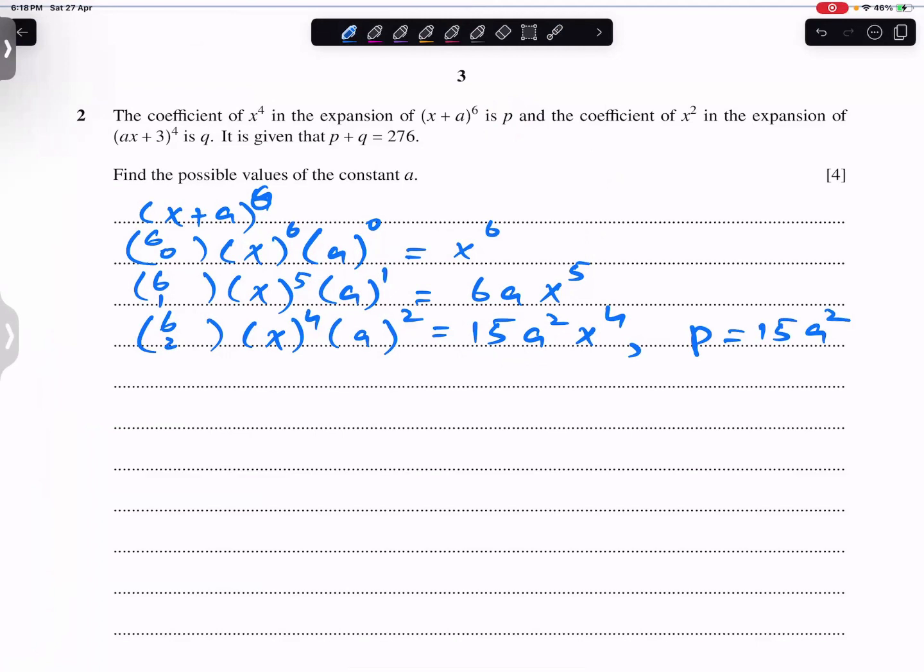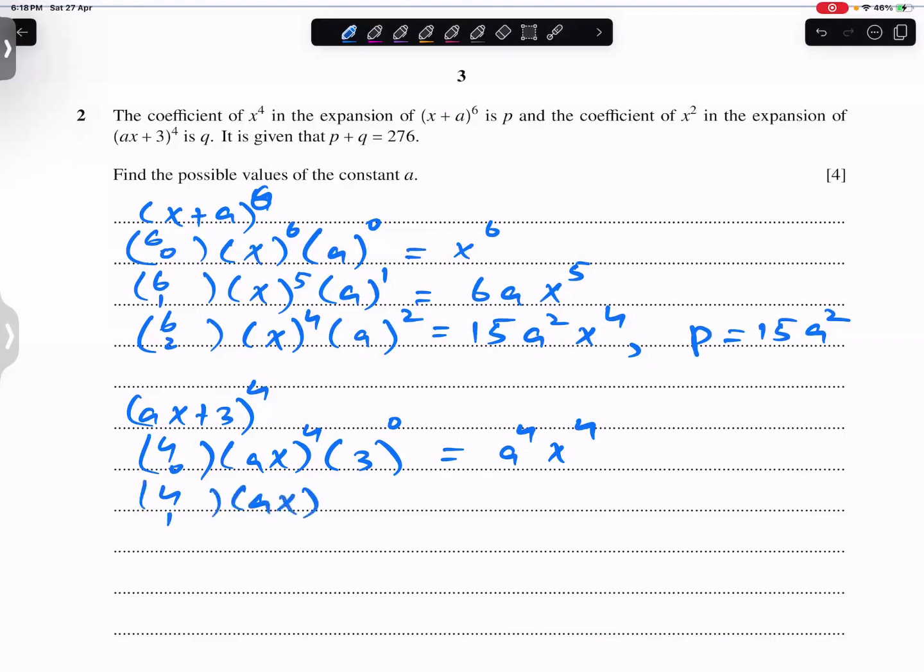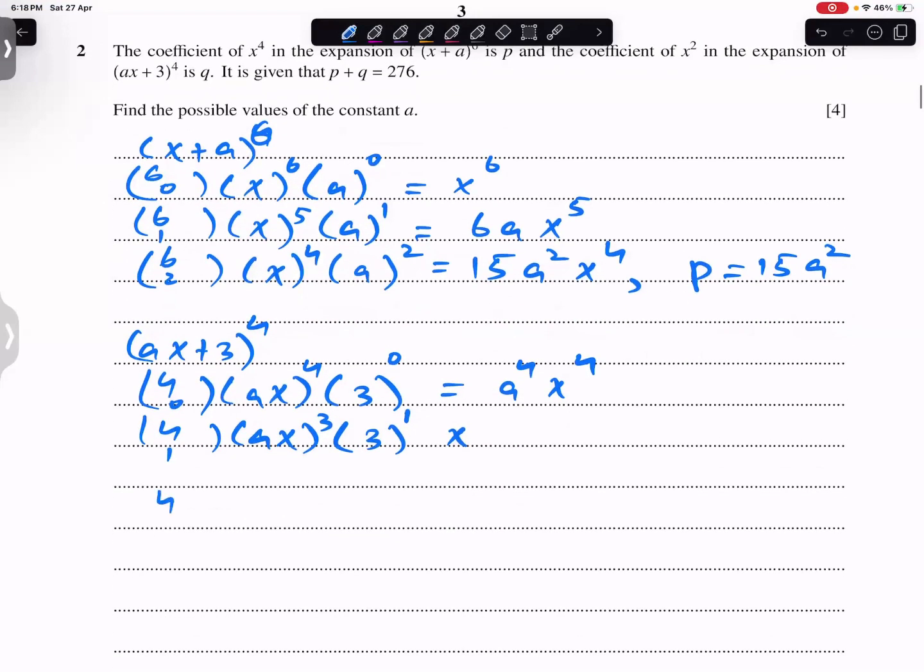Again, (ax plus 3) whole power 4. So 4c0, ax raised to power 4, 3 to the power 0. So this will be a4x4, 4c1, ax power 3, and 3 power 1, not needed. 4c2, ax square, and then 3 to the power 2.